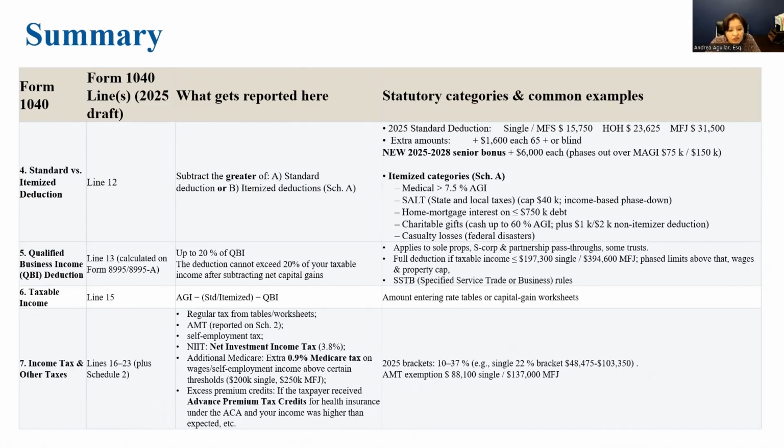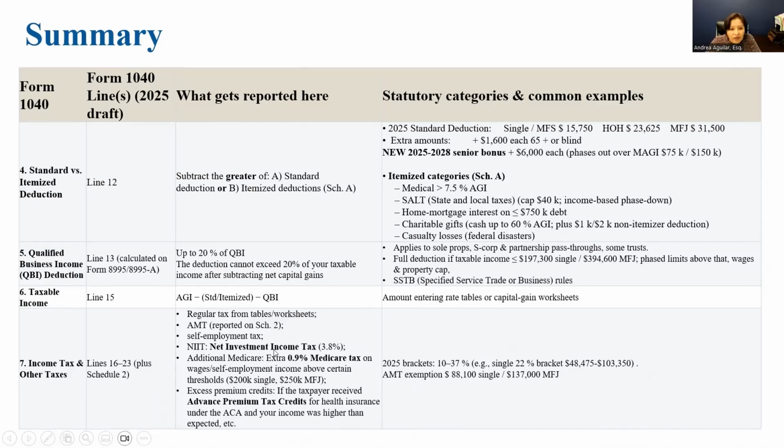Then we have the net investment income tax, which is 3.8% of the investment income. The additional Medicare tax, we're going to cover that if we are dealing with high earners. And if you have received any advance premium tax credit, we're going to return that money to the IRS, and so on and so forth.